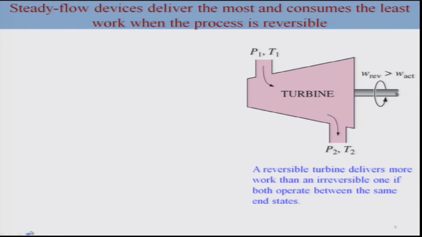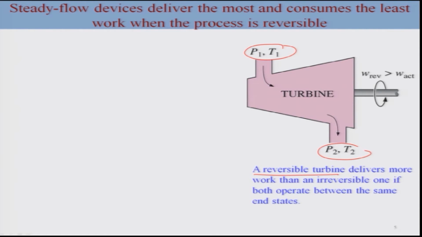So you have a turbine where the inlet pressure and temperature are given, and what we want to derive is that the reversible turbine work is more than or equal to that of the actual turbine, and the inlet and outlet conditions for the reversible as well as for the actual turbine are considered to be the same.